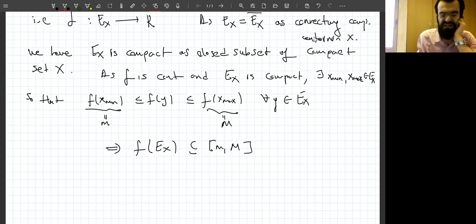By using the connectedness argument, we will show that in fact they are equal.